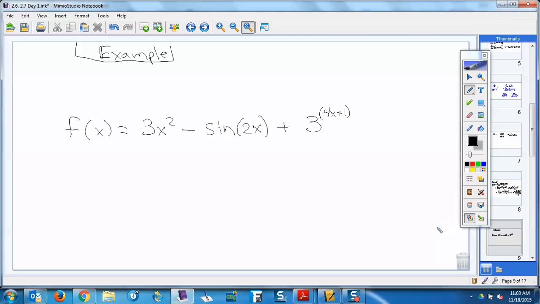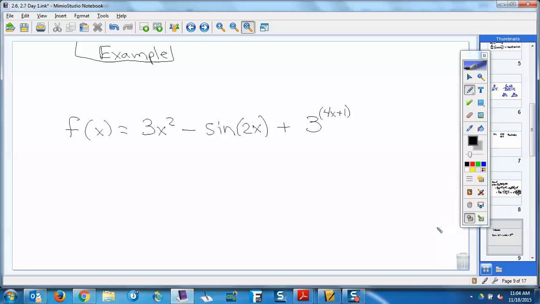So here's a function, right? First of all, our very first rule we wrote down said that if you're adding or subtracting multiple functions, you can just do each one's individual derivative. So we're allowed to do the individual derivative of each one of these three terms here, right? Okay.